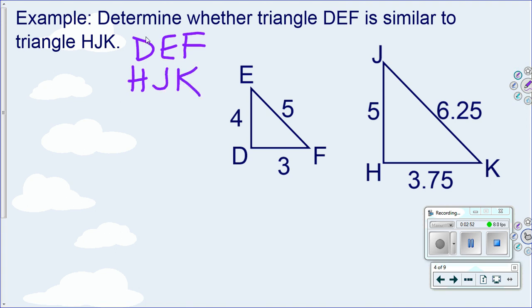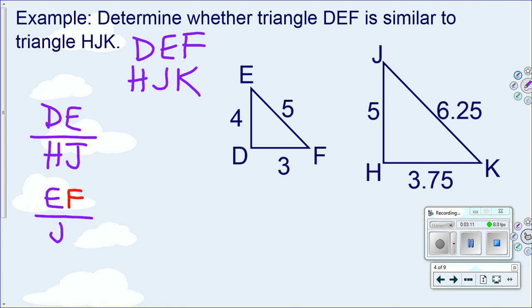You can tell me the first pair of corresponding sides. Ishraq. So DE is corresponding to side HJ. Good. Give me another one. EF corresponds to JK.